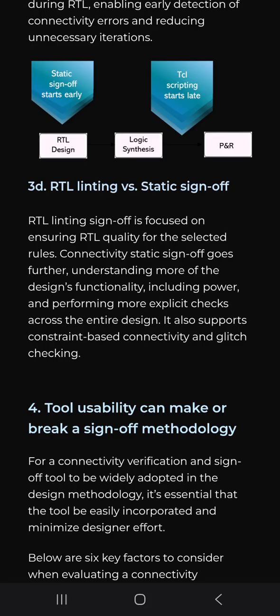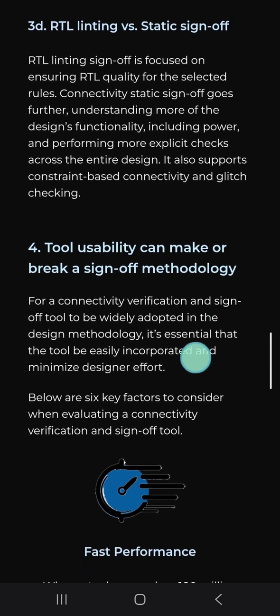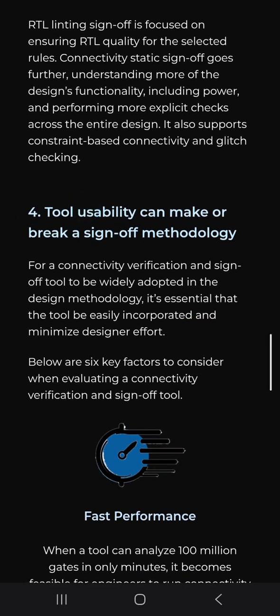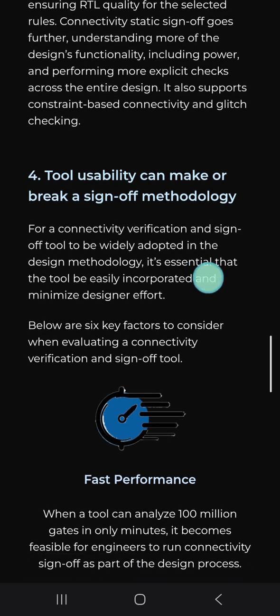It also supports constraint-based connectivity and glitch checking. 4. Tool usability can make or break the sign-off methodology. For connectivity verification, for a sign-off tool to be widely adopted in the design methodology, it is essential that the tool be easily incorporated and minimize design effort.